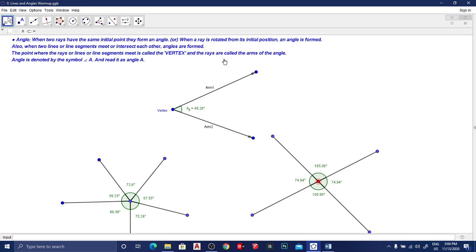The rays are called the arms of the angle. Generally we call them rays, and for an angle these two are called arm 1 and arm 2 of the angle.